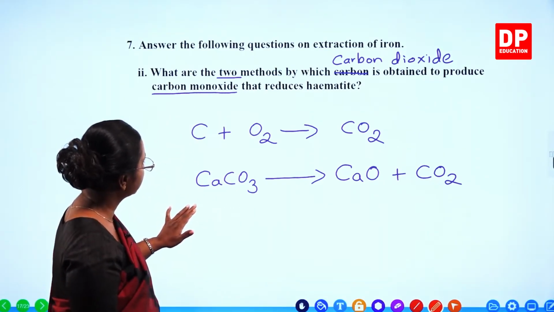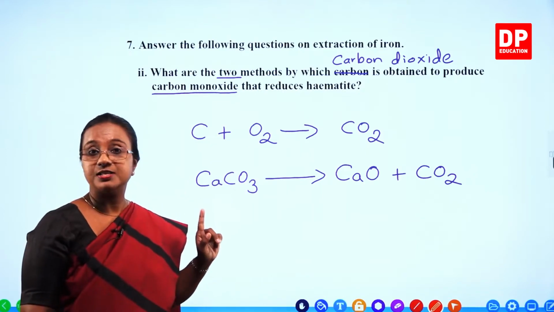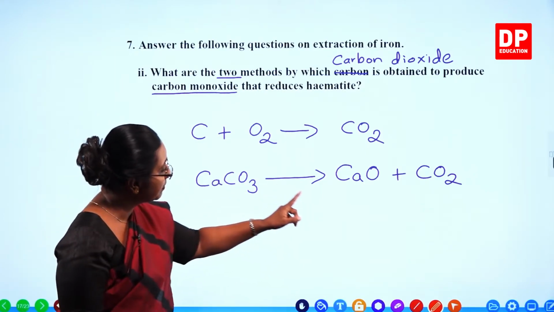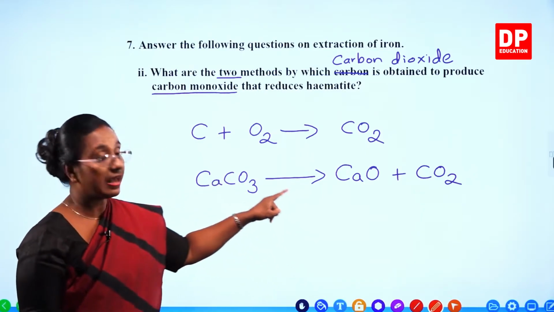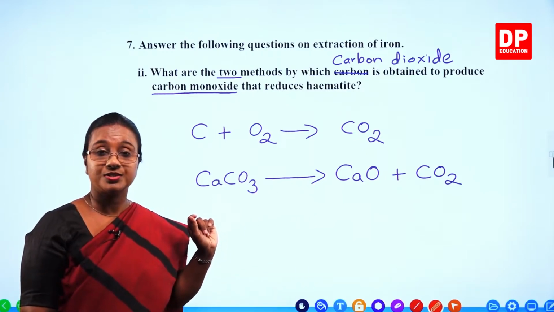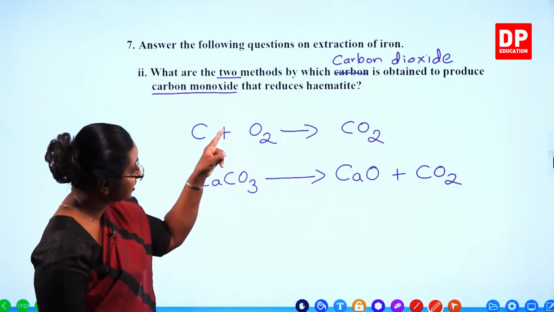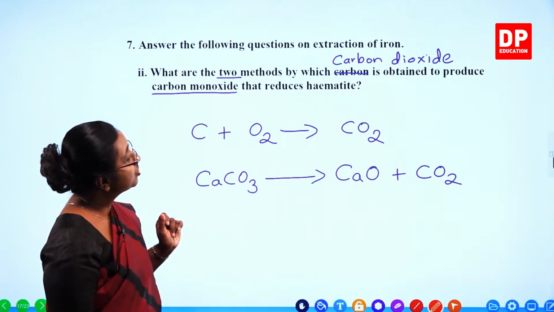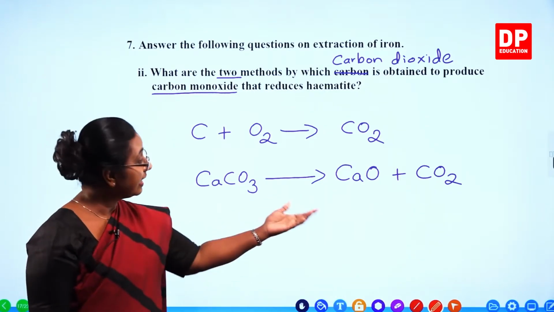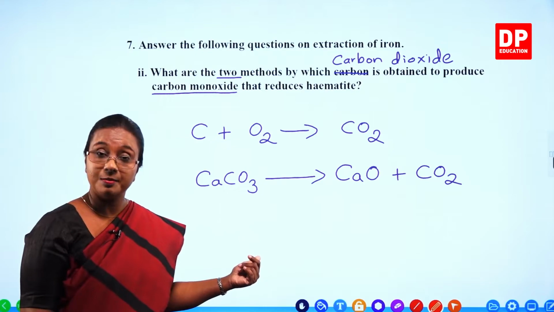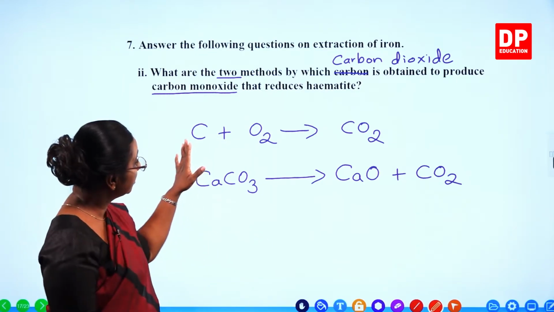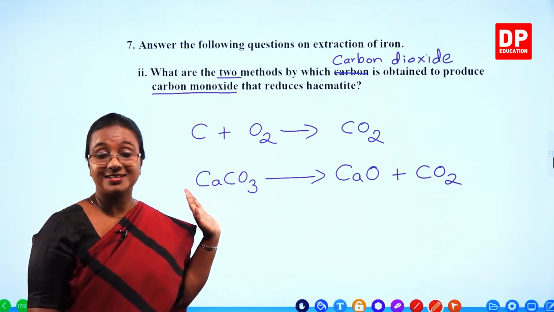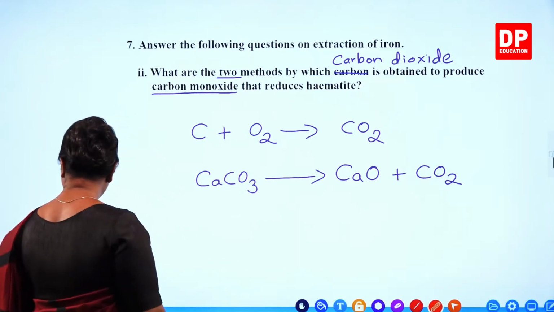So two reactions: carbon and oxygen giving rise to carbon dioxide, and calcium carbonate decomposing to give calcium oxide and carbon dioxide. So those are the two reactions that give rise to carbon dioxide, which is again used to produce carbon monoxide. I'm sure you were able to write these reactions. With that, we'll move on to the next one.